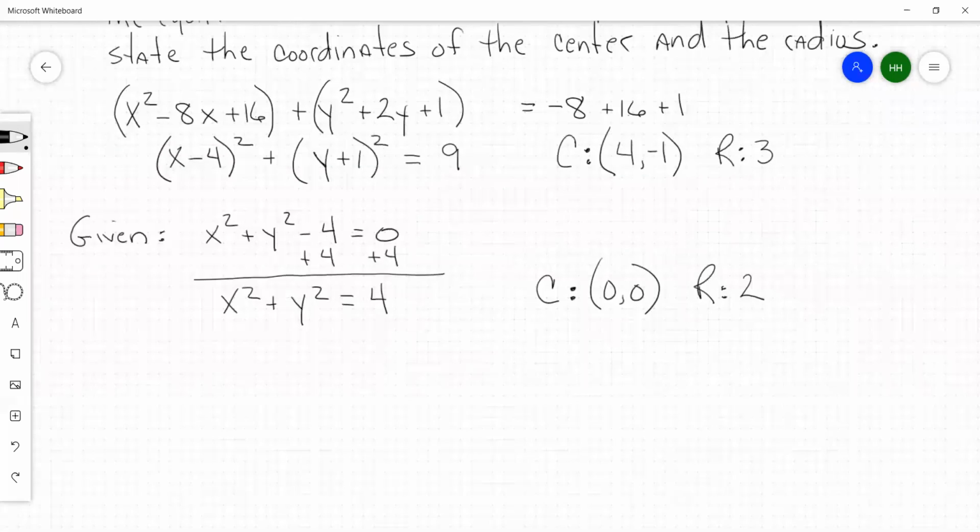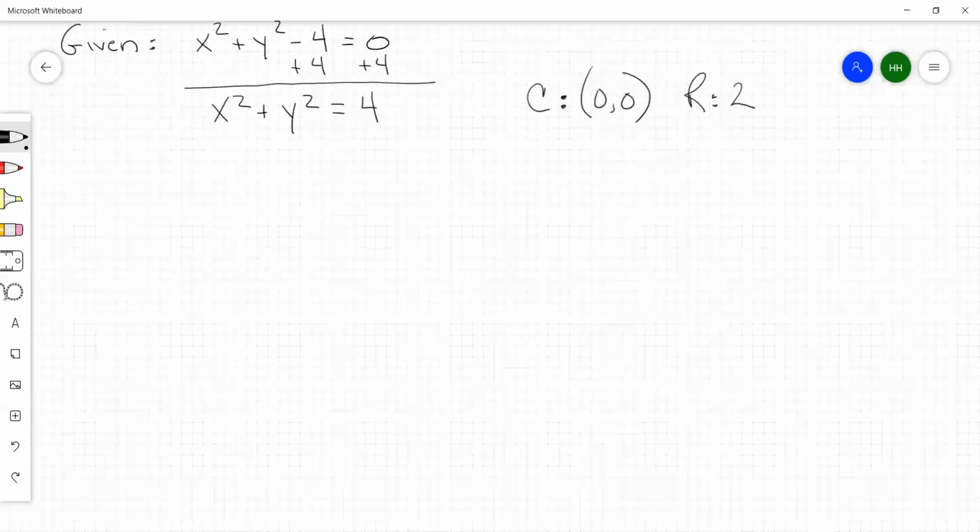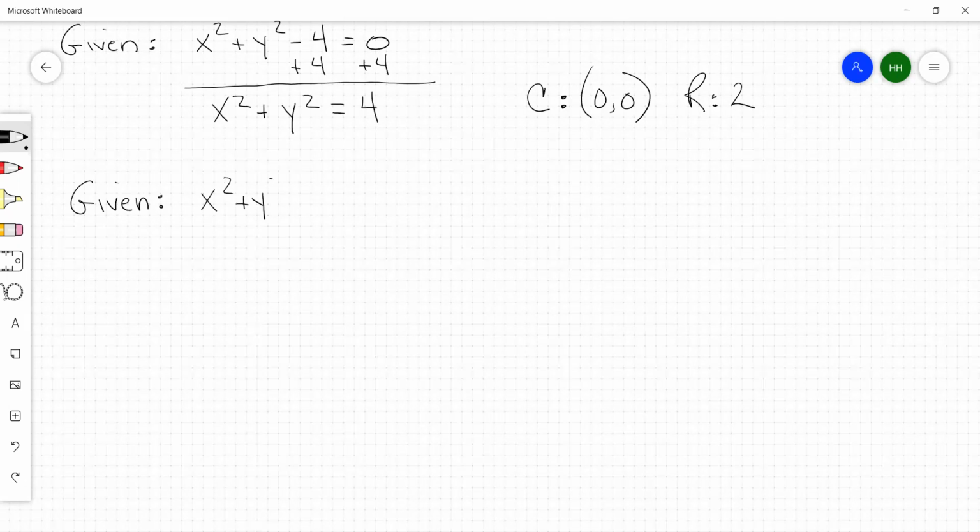All right, let's do one more of these. Let's say that we're given same directions. Now we got x squared plus y squared plus 8x minus 14y plus 40 equals 0.